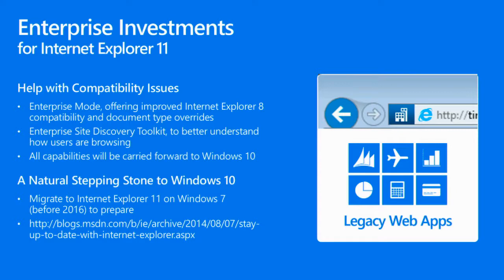So try that out. It's not completely implemented in the current build, but we will be adding more capabilities to handle that multiple browser scenario in later builds. But certainly getting to IE11 on Windows 7 is an important first step to get to Windows 10 and to make sure you stay supported after January 2016.